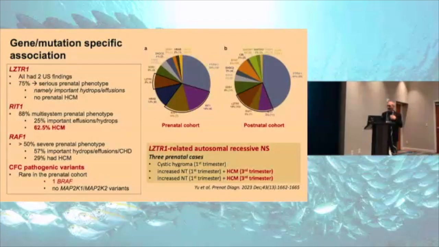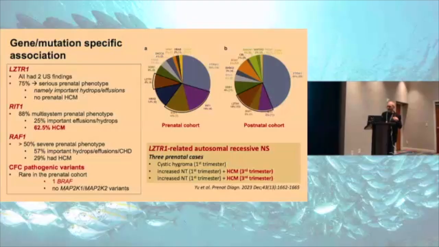LZTR1, RIT1, and RAF1 mutations were associated very much with severe phenotypes. LZTR1 and RAF1 more with fetal hydrops and lymphatic dysplasia, whereas RIT1 with a very high incidence of hypertrophic cardiomyopathy.